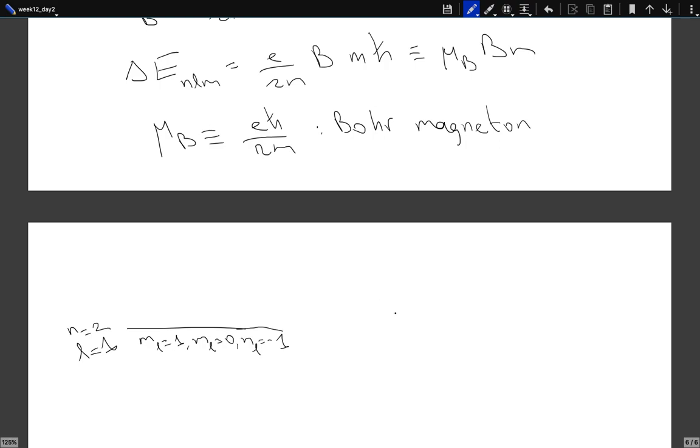Now, if I put this system in a magnetic field, the energy values, if ML is equal to 0, didn't change at all.